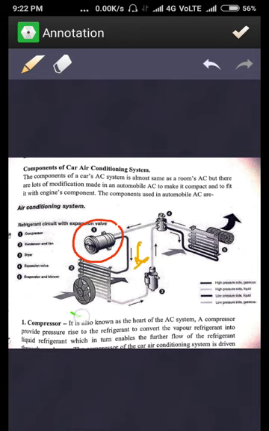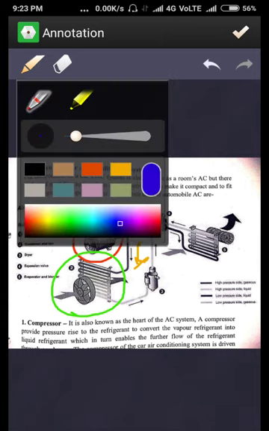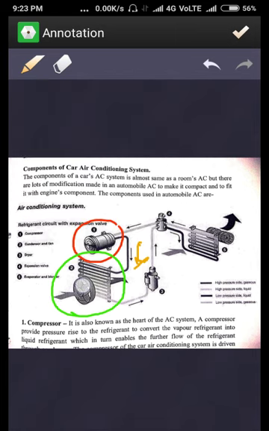As you can see here, it is something like a radiator. This is the crisscross structure of the fluid line, and it has one fan. So air will come from this direction and go in this direction.